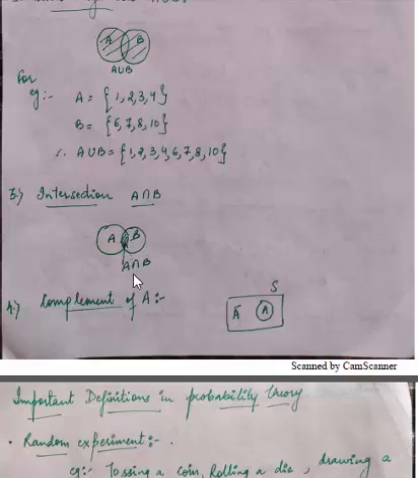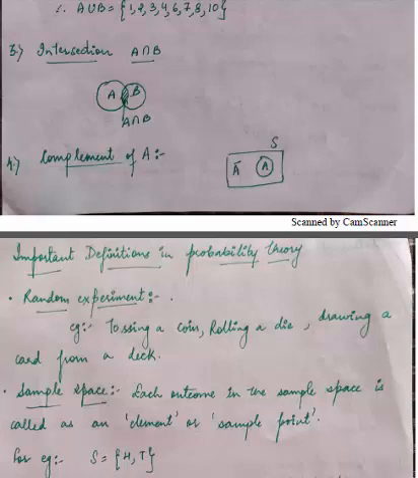So this is A intersection B, because here the circle on the left represents set A and the circle on the right represents set B. The shaded portion in the middle is what they have in common, that is their intersection. So union of two sets is the set obtained by combining the elements of each, but intersection of two sets is all the elements they have in common.